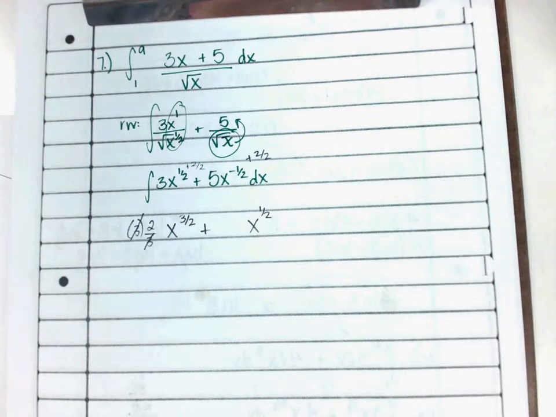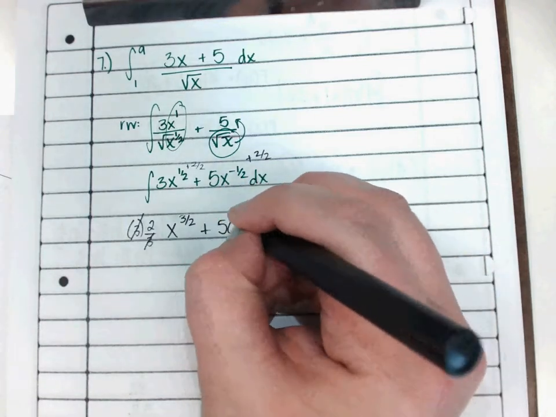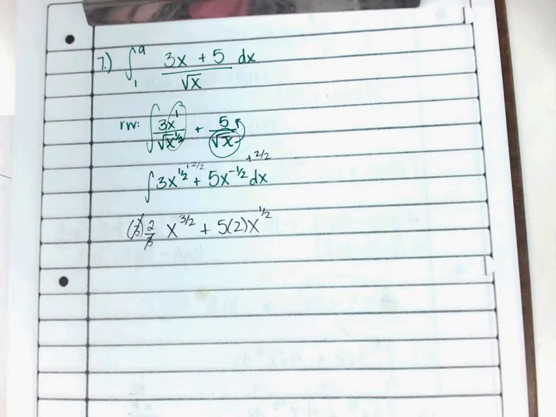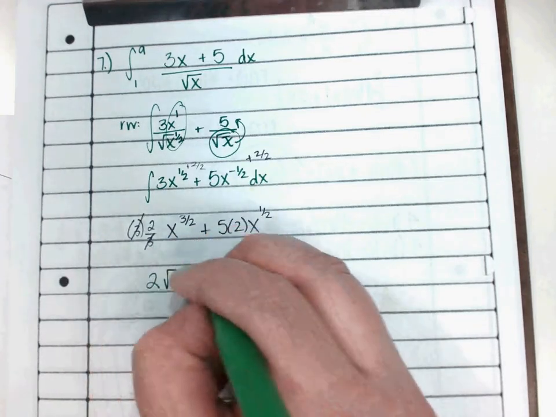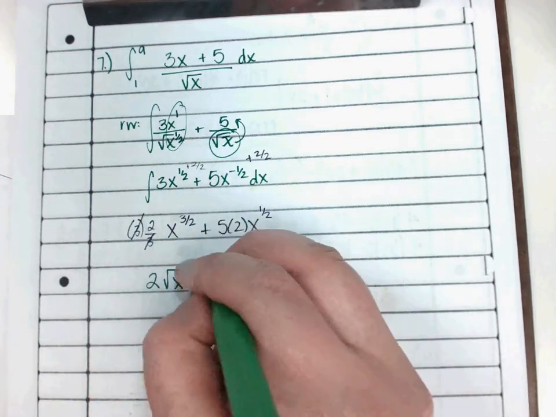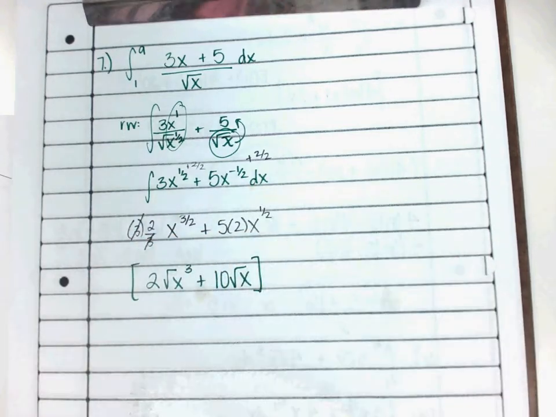What's that the same as? Multiply by 2, but there was already a 5. So now that's a what? 10. So now I have 2 x to the 3 square rooted plus 5 times 2 is 10 square root x. And then from there, you're plugging in 9, plugging in 1, subtracting the answers, done.